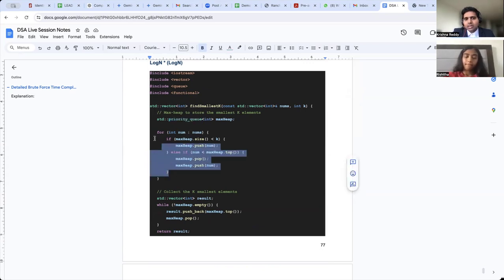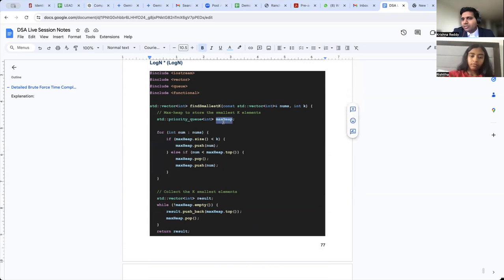So just understand the names, don't confuse them. Internally, we use this just for example's sake, but both are not the same. Ideally, C++ uses a binary heap to implement priority queues. That's why we interchange the terminologies.